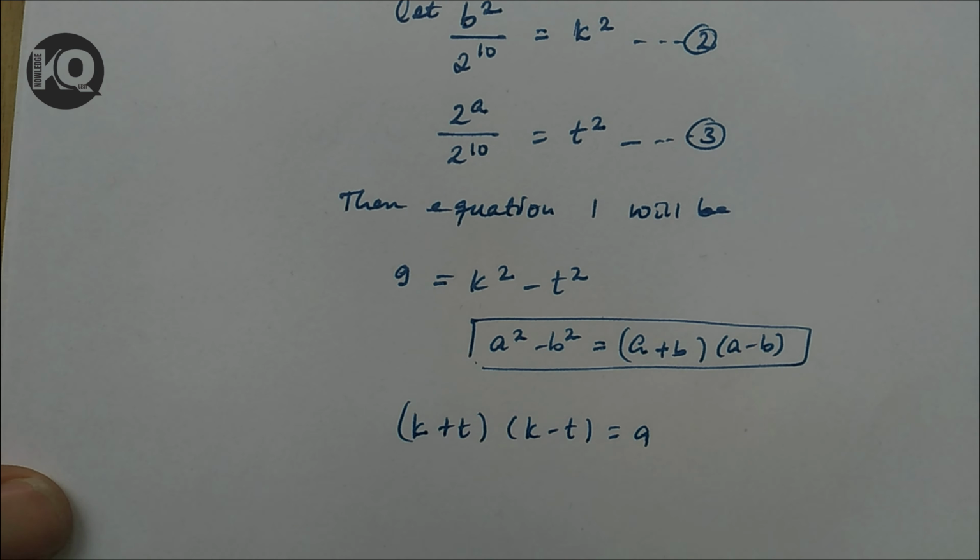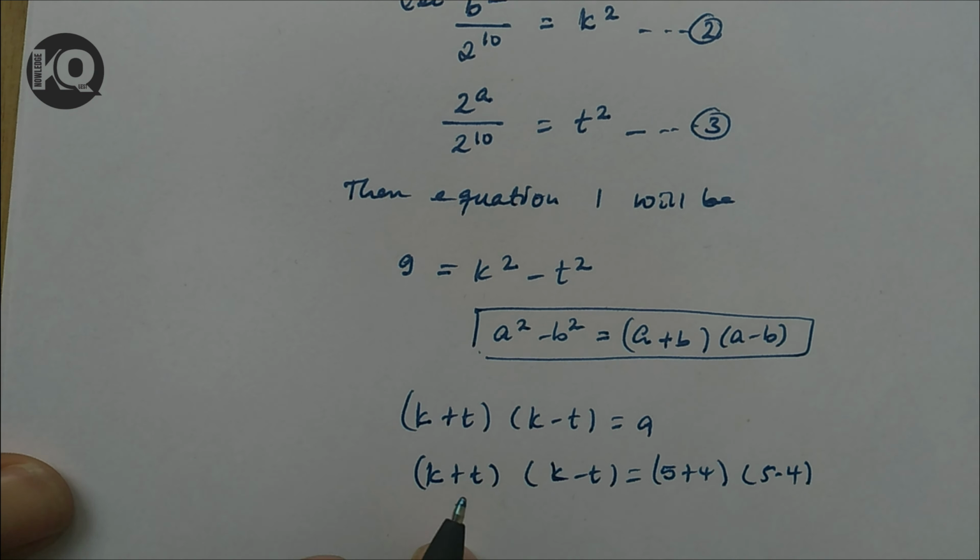So let's express this 9 in terms of this one. So k plus t times k minus t, this 9 will be the sum of 5 and 4, 5 plus 4, times 5 minus 4.